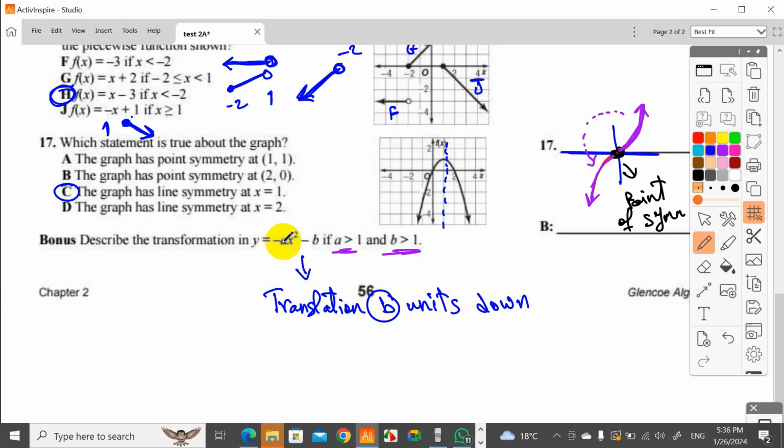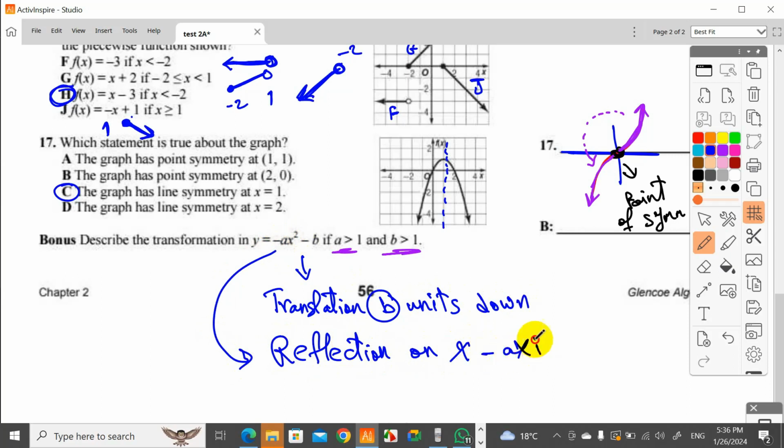Then we have a negative beside x squared, which means reflection. So it's a reflection on the x-axis. And we have coefficient a greater than 1 beside x squared, which means dilation.